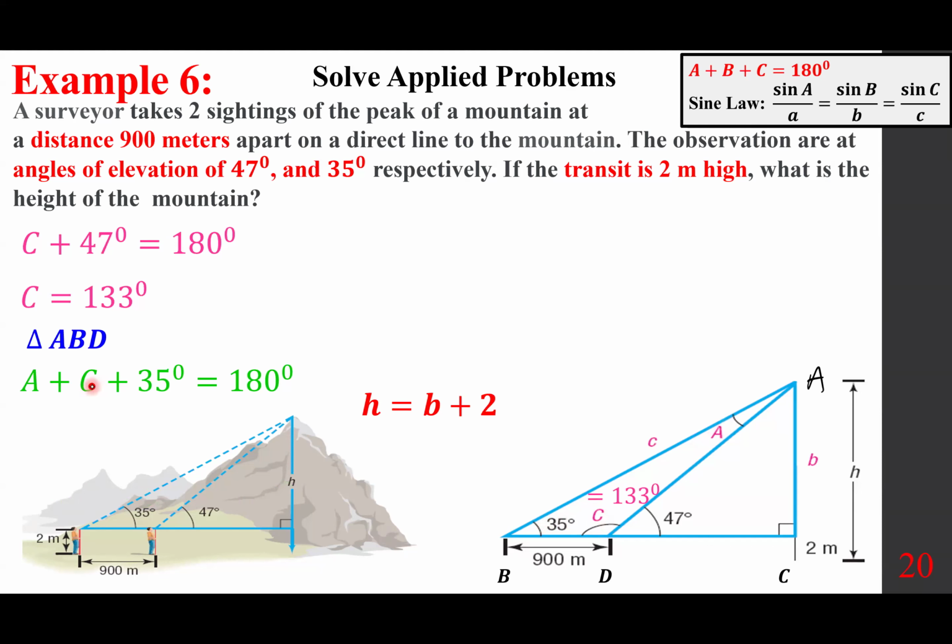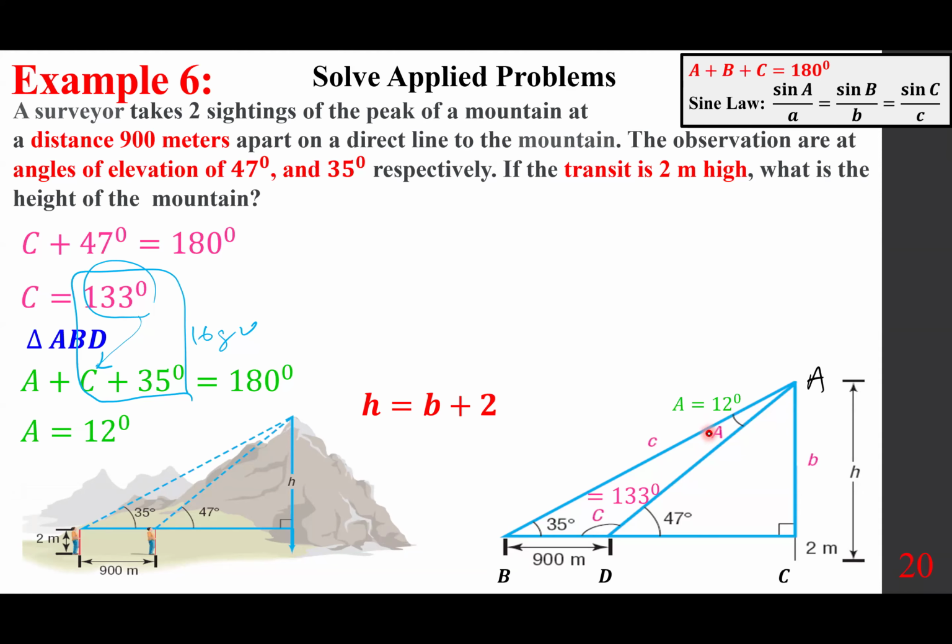If C is 133, plus 35, that's 168 degrees. Subtract it from 180, and you get 12 degrees. So A is 12 degrees, everybody.